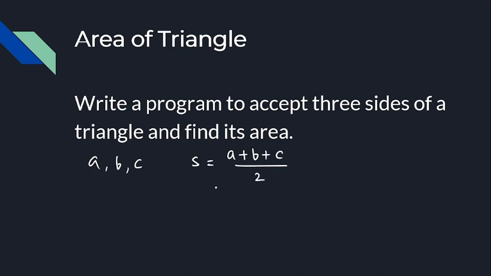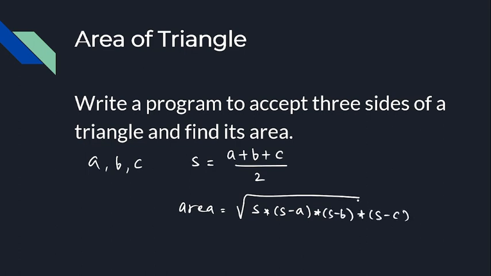Now the area would be given by this formula: square root of S into (S minus A) into (S minus B) into (S minus C), where S is the semi-perimeter. So that is the whole process. We'll be accepting three sides, maybe we can keep them as double, then we'll find the semi-perimeter and then we will go ahead for finding area.